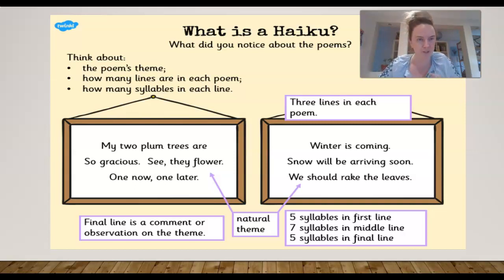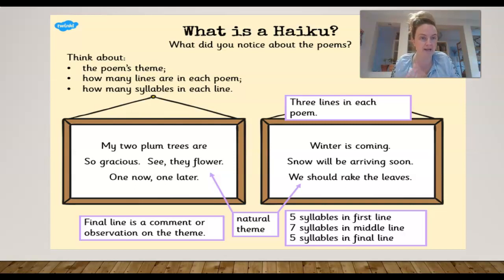Now this is the trickier part. How many syllables are there in each line? So let's have a look at this one here. Winter is coming. Snow will be arriving soon. We should rake the leaves. So this is about winter.